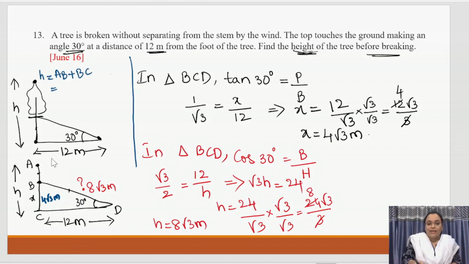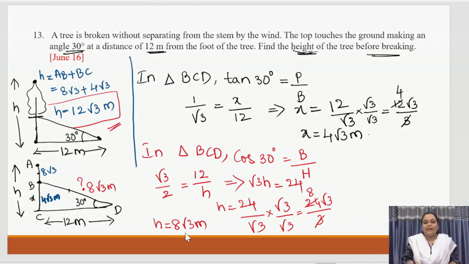We know AB, which is 8 root 3, plus BC, which is 4 root 3. So the height of the tree is 12 root 3 meters. This is before breaking.